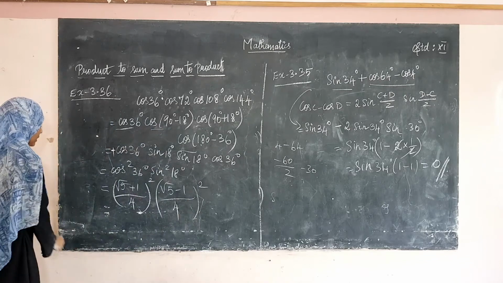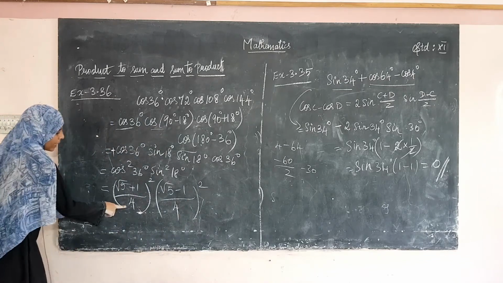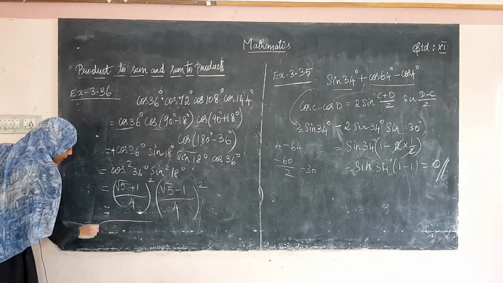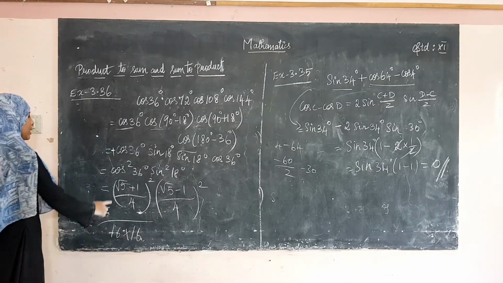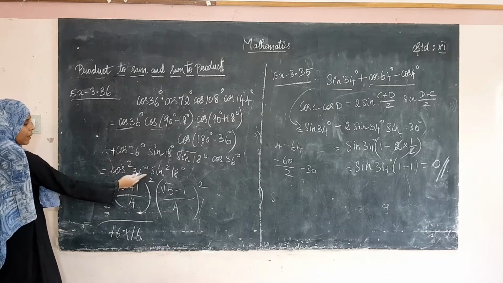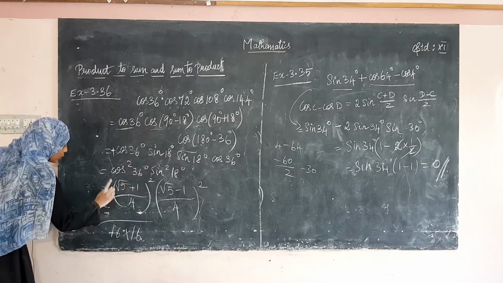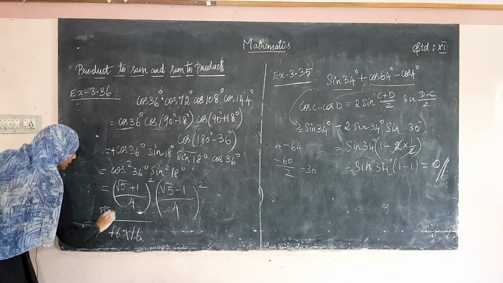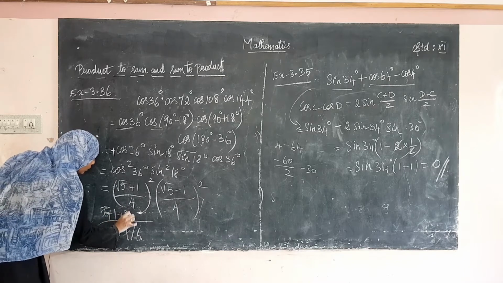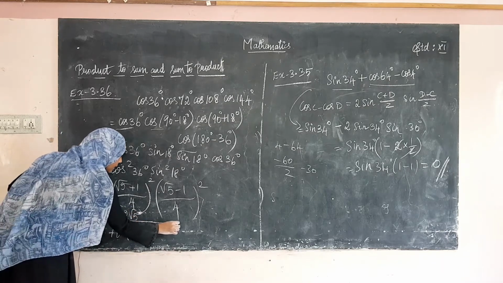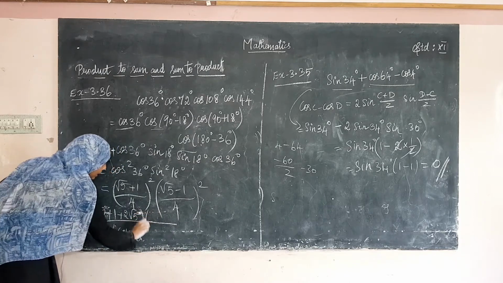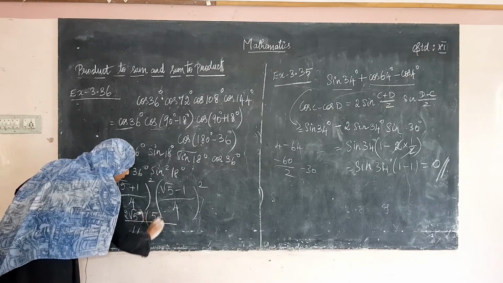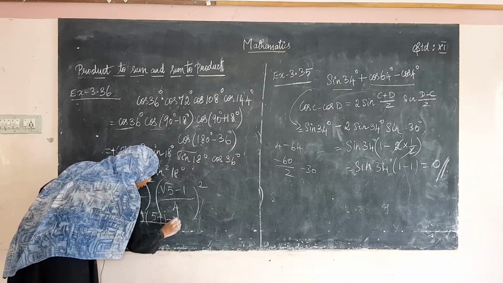Okay, shall we solve this now? In the denominator you will have 16 here and 16 here, so 16 into 16. This is (a plus b) the whole square, and this is (a minus b) the whole square. So root 5 the whole square is 5, plus 1, plus 2 root 5, and this one is 5 plus 1 minus 2 root 5.